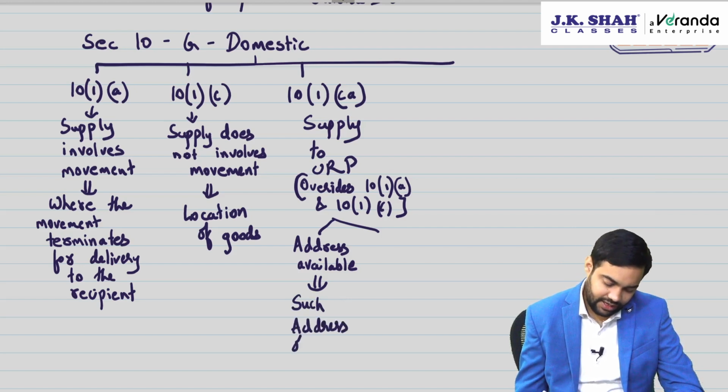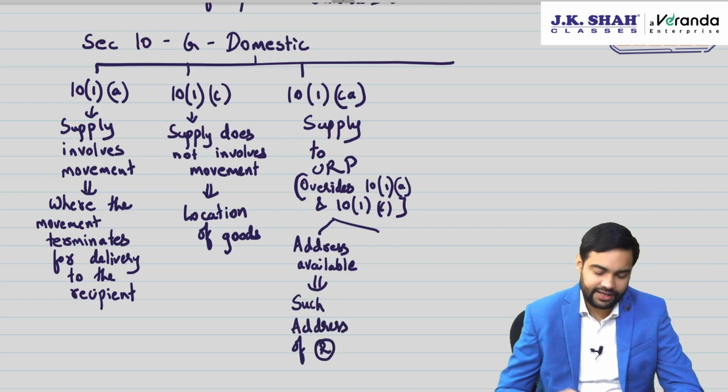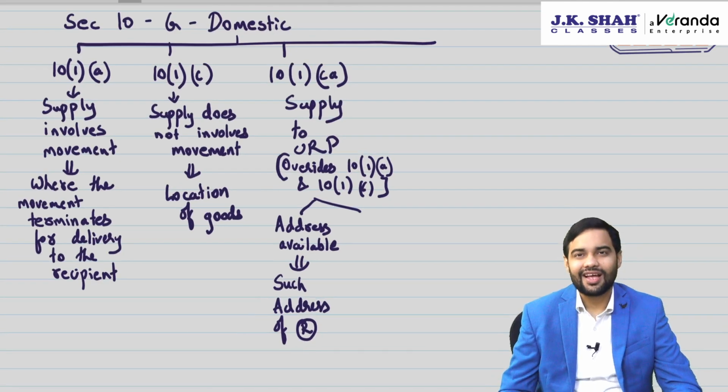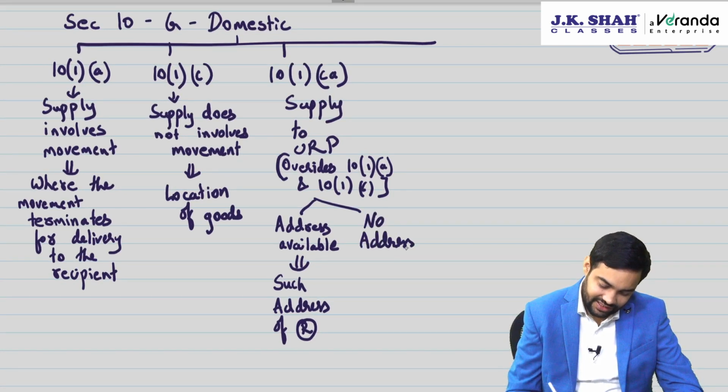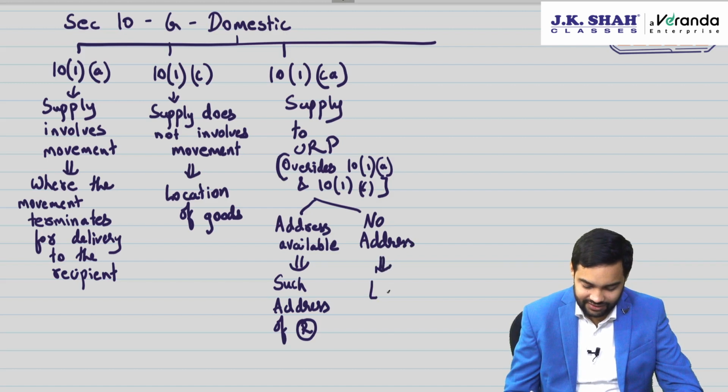So say suppose I go to Delhi and give my address saying that I am from Bangalore, then the place of supply will be Bangalore. If no address is given while buying the goods, then it will be location of supplier.